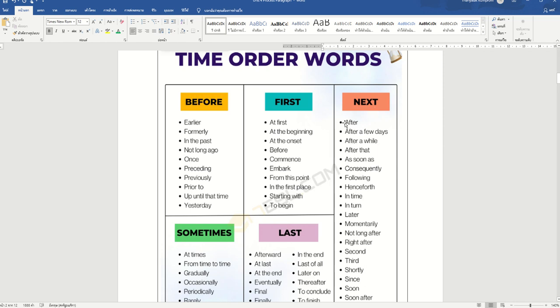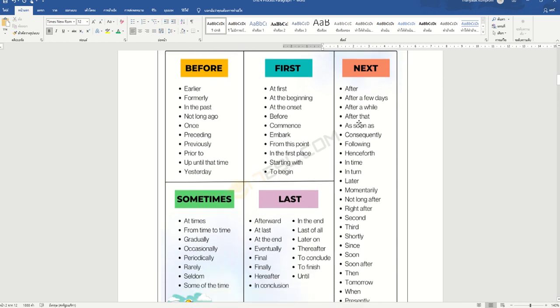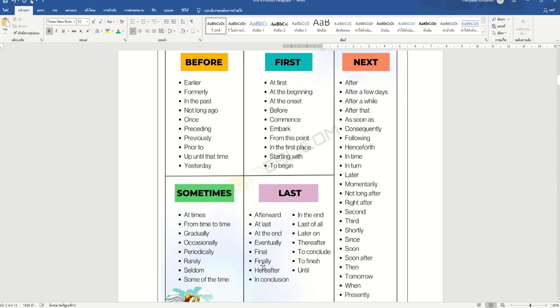So you can use these words for the later situation or event. Then what's next? Last. Lastly, finally, eventually, at the end, at last.